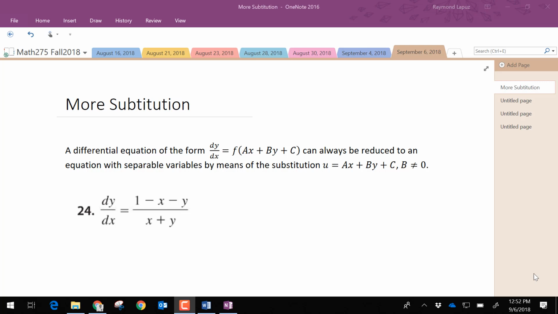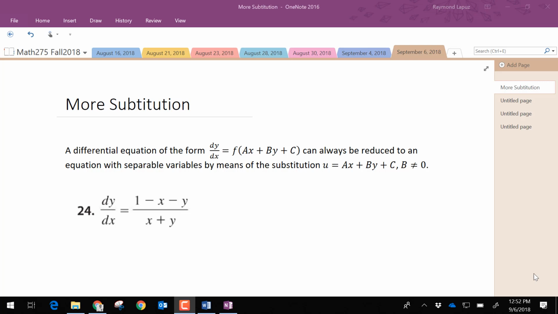If we take a look at this example here, the first one has the numerator 1 minus x minus y, and the denominator is x plus y. So if I were to choose what the u substitution should be, what would you choose? Would you choose the whole numerator, or would you choose the denominator?